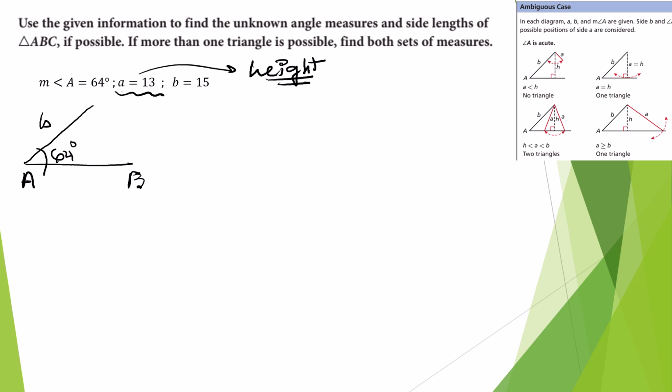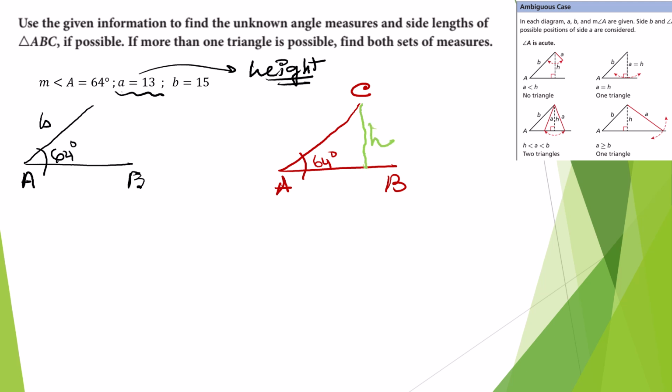So one more time, with the given information, angle A is 64 degrees. Here is capital B and over here capital C, and from C, drop the height, a perpendicular line, and that would be your height.